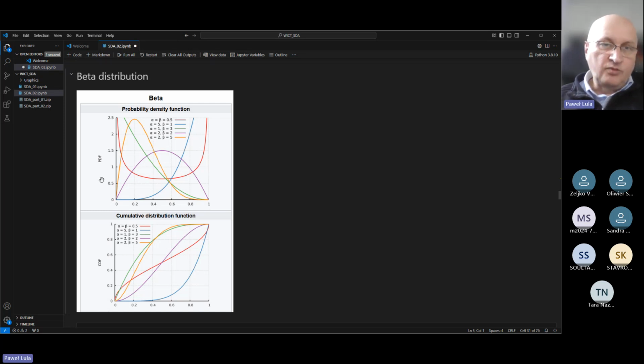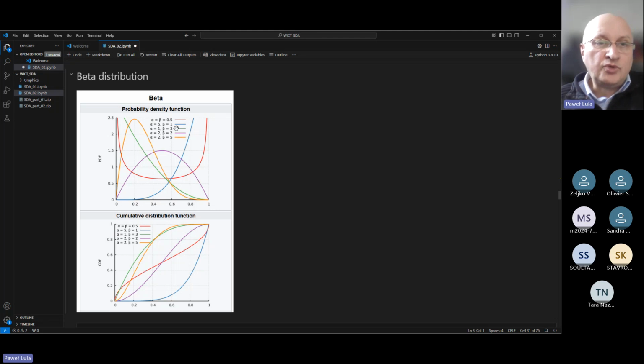But very often we don't know the exact value of probability because it is a random variable. We can treat probability as a random variable. And then we should describe the behavior of this random variable using, of course, a probability density function.